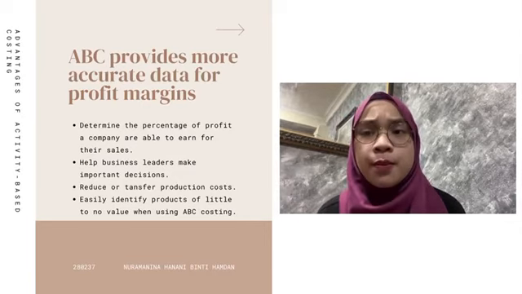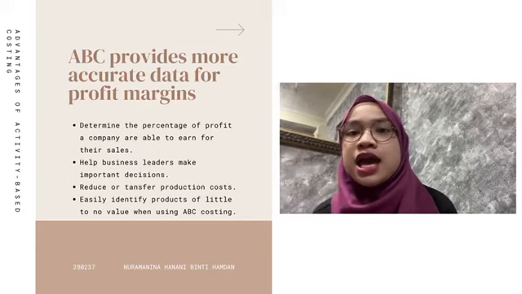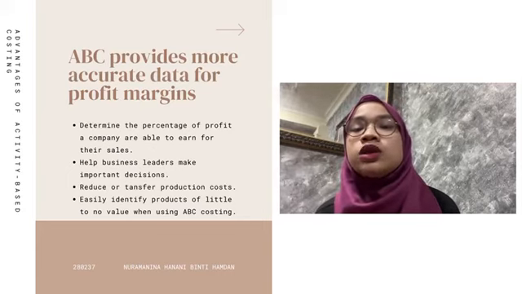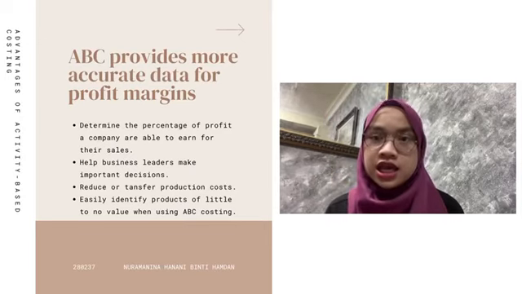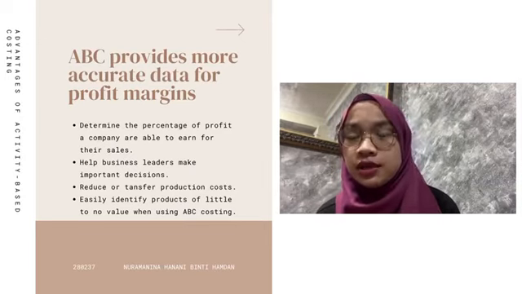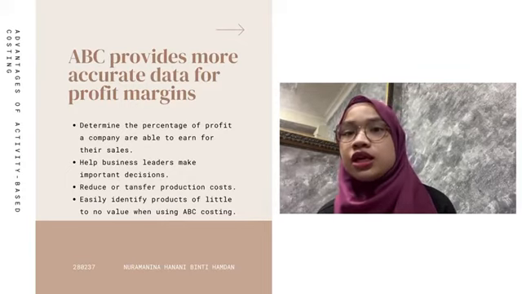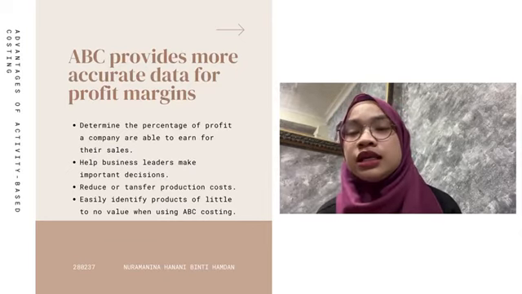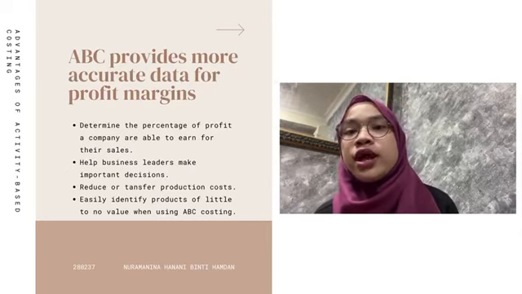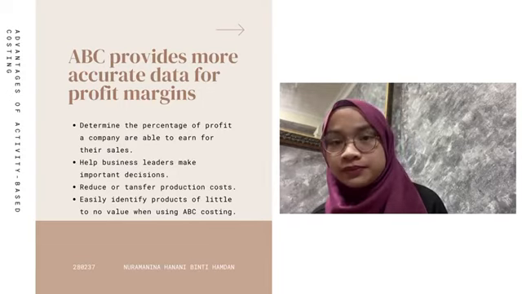Activity-based costing provides more accurate data for profit margins as it takes into account both non-manufacturing costs and indirect costs, as compared to traditional costing that only adds an average overhead rate to direct costs of manufacturing products, and it is only best used when the overhead of a company is low compared to the direct cost of production.